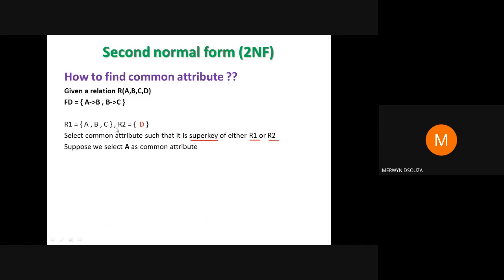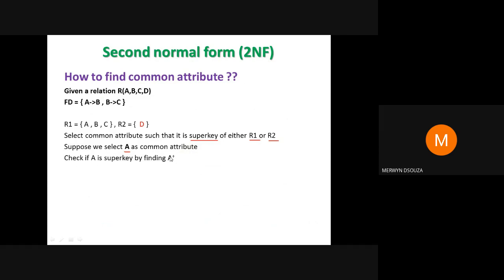So suppose we select A as the common attribute. Now we need to check whether A is a super key. To do that, you can find the A closure. Check if A is a super key by finding the A closure.